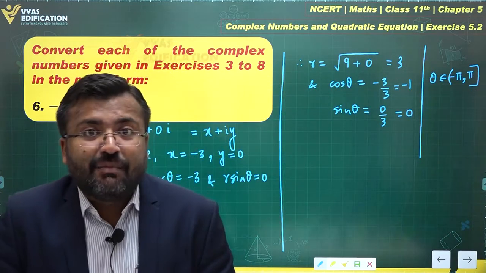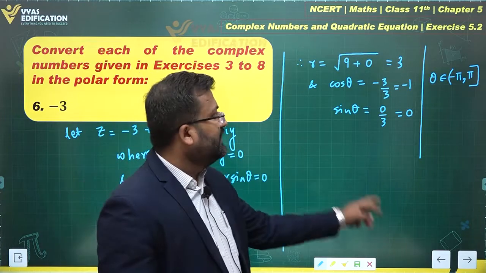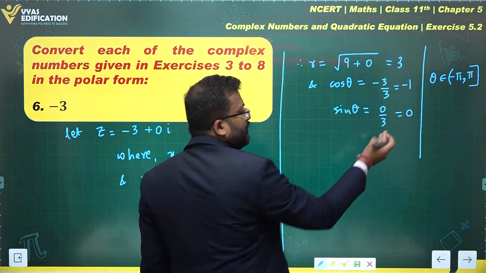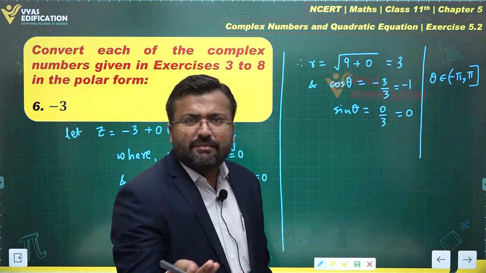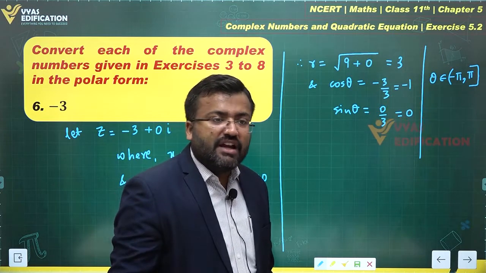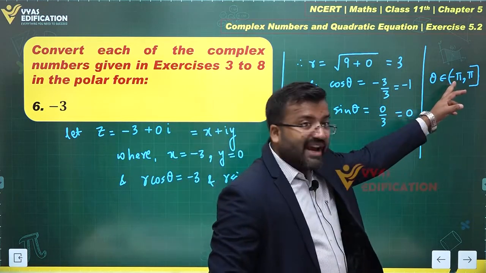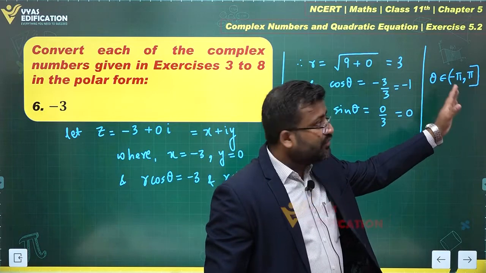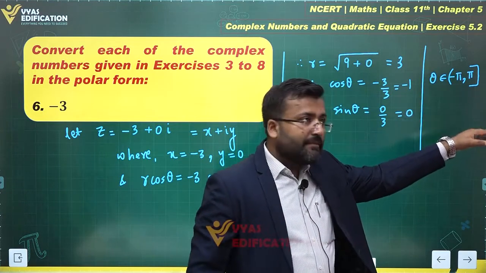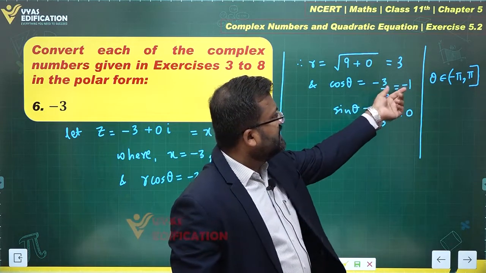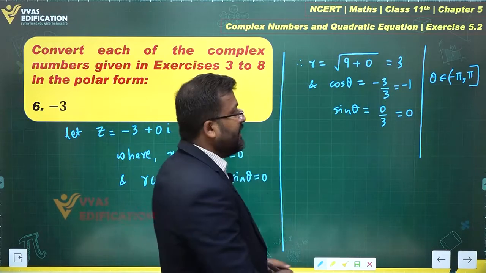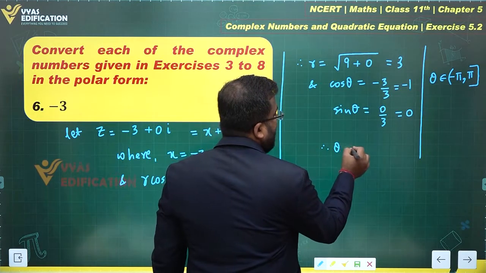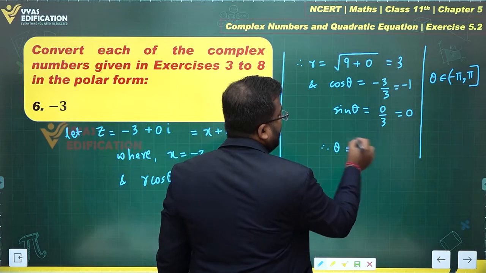So keeping that in mind, can you guess the value of theta from here? Yes, sin theta equal to 0 would imply theta is a multiple of pi, right? Theta could have been -pi had that been included, but -pi is not included. Theta can be 0 or pi. And for 0, cos gives us 1, but for pi, it gives us a -1. Therefore, theta is actually simply pi.